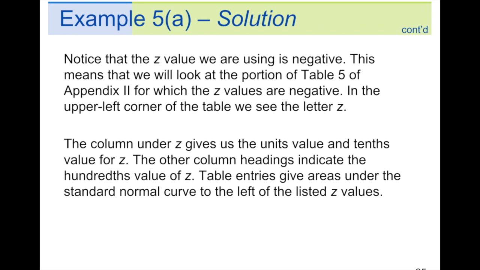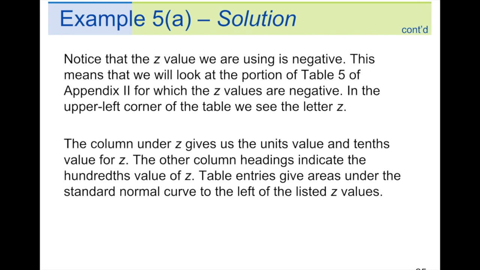Notice that the z-value we are using is negative. This means that we will look at the portion of Table 5 of Appendix 2 for which the z-values are negative. In the upper left corner of the table, we see the letter z. The column under z gives us the units value and tenths value for z.